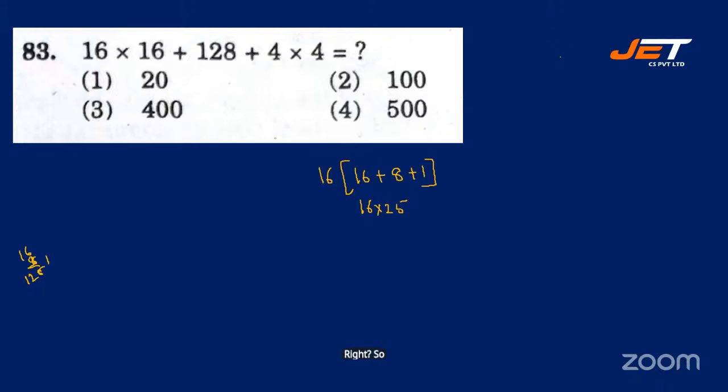So what is 16 into 25? So it gives 400. So your option must be option 3. Right? Yes. Now let me see my YouTube friends.